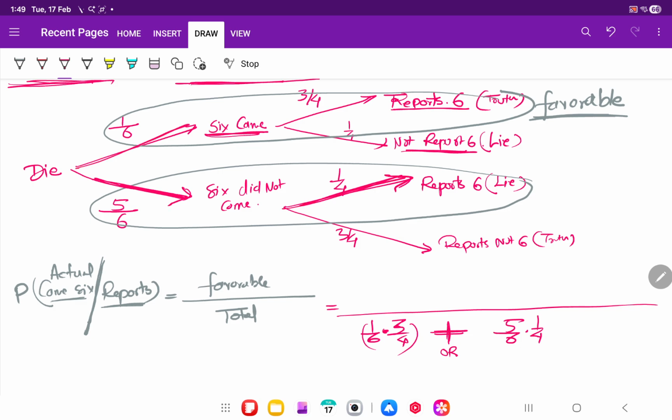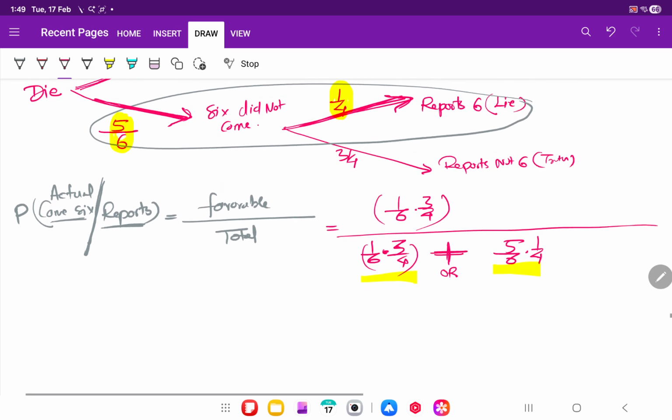In the first case, 6 came and he is reporting 6. Okay, so this and this and this in the first case. Second case this and this, which is this. Out of that, which is favorable, the top one, right? This and this. Correct?